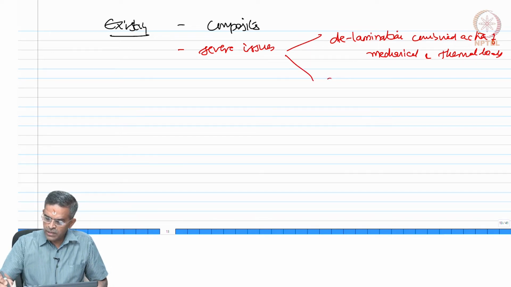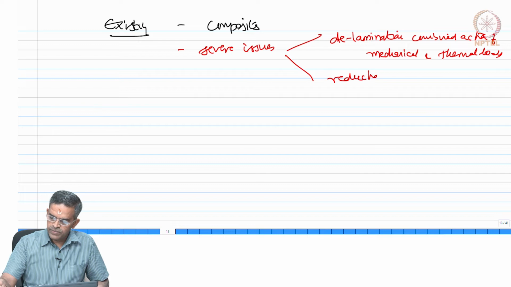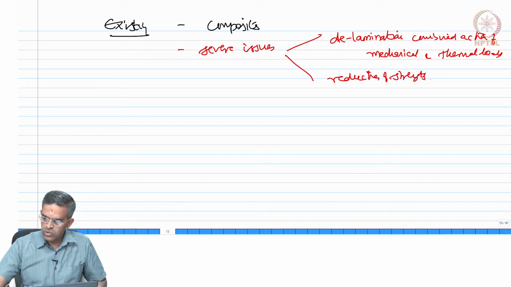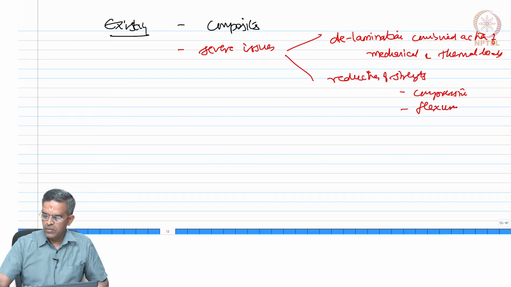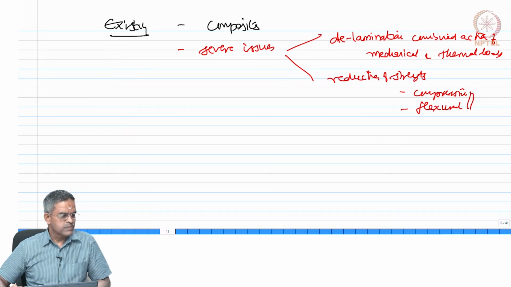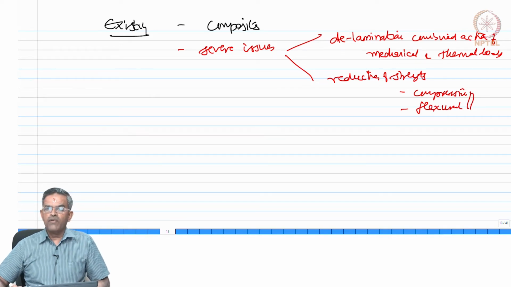It also results in reduction of strength, both in compressive and flexural perspectives, and these are undesirable for marine risers because we need them in a larger perspective.